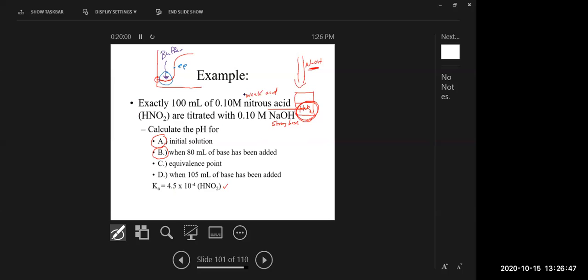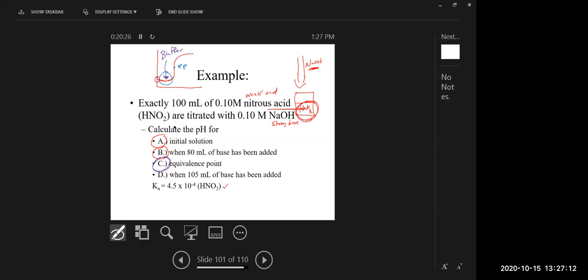Then let us take a look at part C of this titration. Part C of the titration here is the equivalence point. This again is a situation where you were not given the volume to reach the equivalence point. So you can do several things to figure it out.